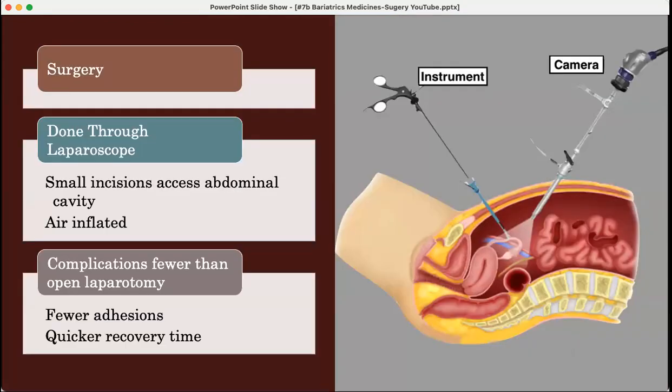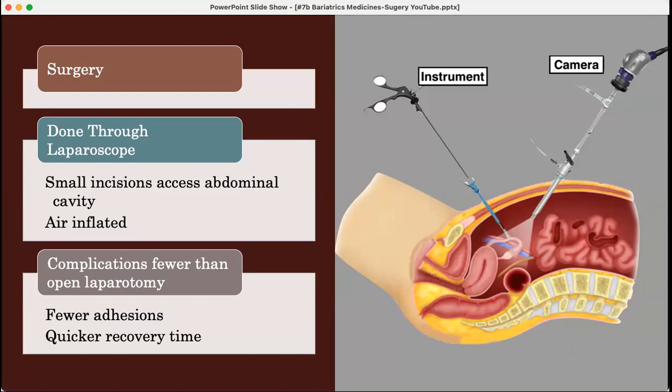The surgery is done laparoscopically, which means that they don't make a large abdominal incision and open the abdomen that way. They make these small incisions, put in these scopes, and do it laparoscopically. Unless there's a problem, unless there's difficulty during the surgery, and they do have to do an open laparotomy.